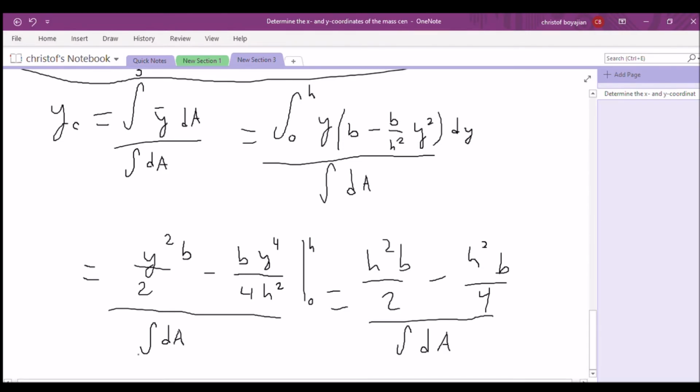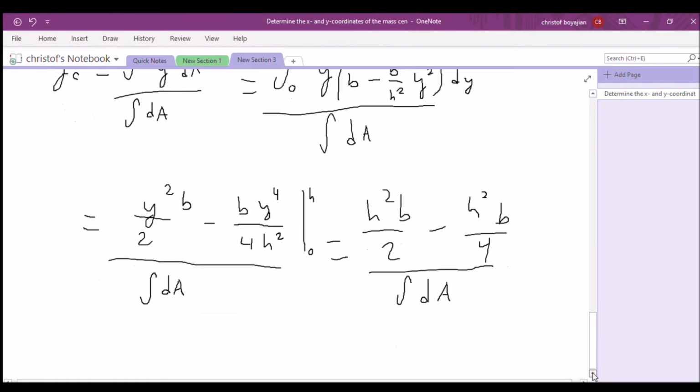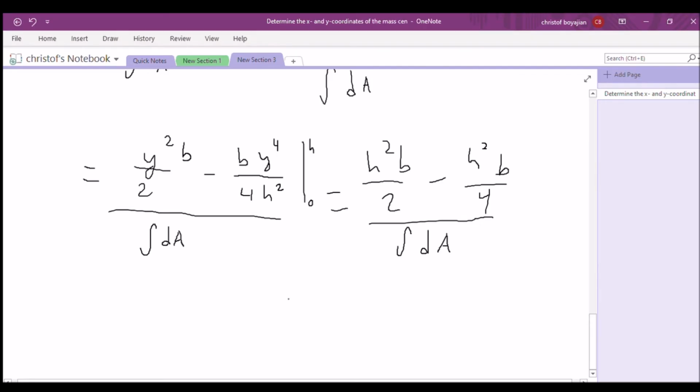Okay, so we see that we have common terms right here, so let's go ahead and do that. So this should simplify to h squared times b over 4 divided by, and now we're going to substitute dA, which we solved for earlier. Remember, it's 2/3 bh.